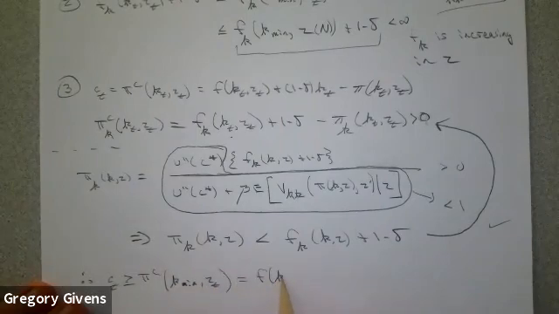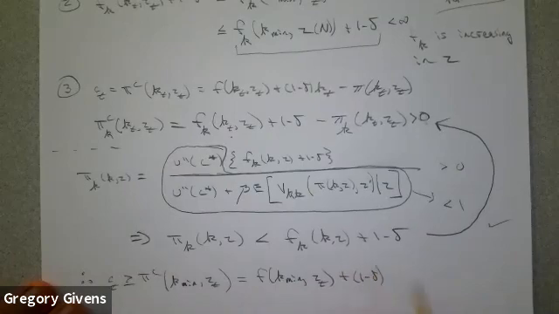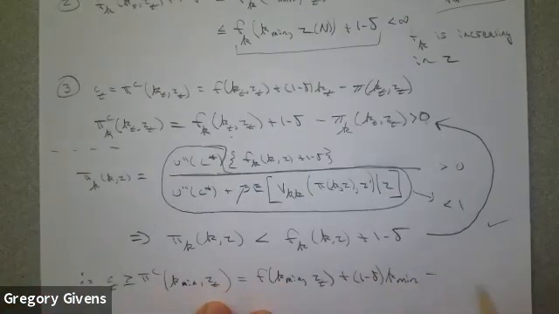F of k min, z_t plus 1 minus delta k min, minus pi of k min, z_t.